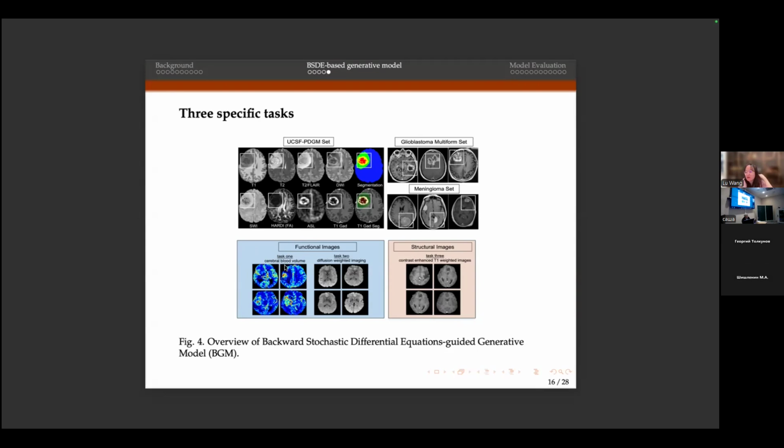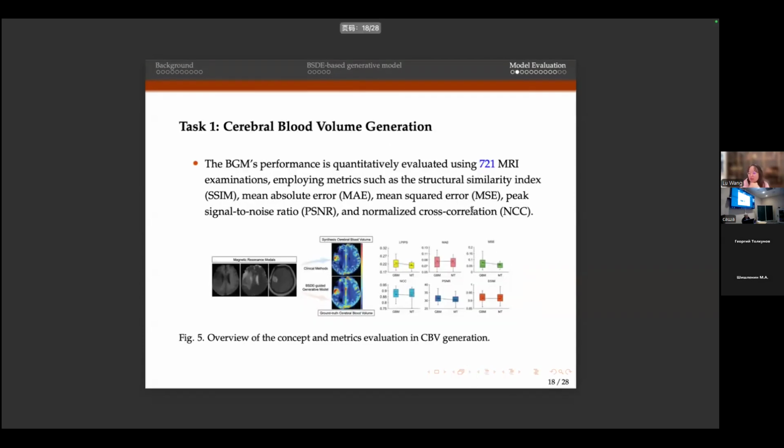So the first one is task one, which generates CBA, the second one generates DWI, and the third one generates T1W. We just go through our results in task one, because task 2 and task 3 are similar.